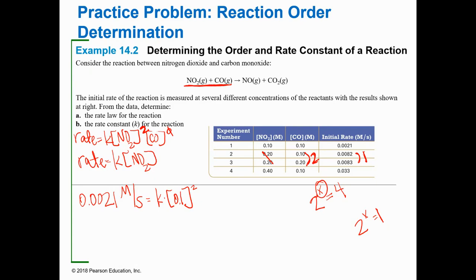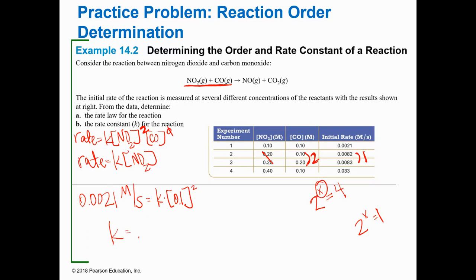Remember, brackets mean molarity. So I've got 0.0021 divided by 0.01 squared. When I do that, I get 0.21.